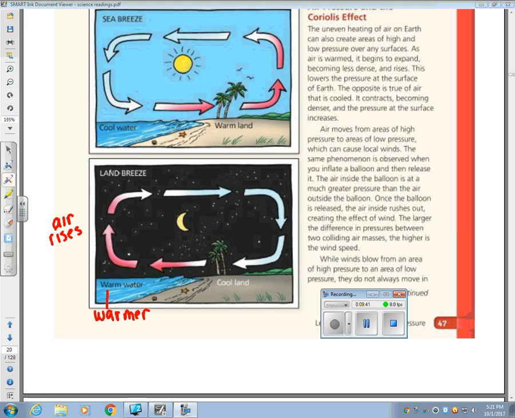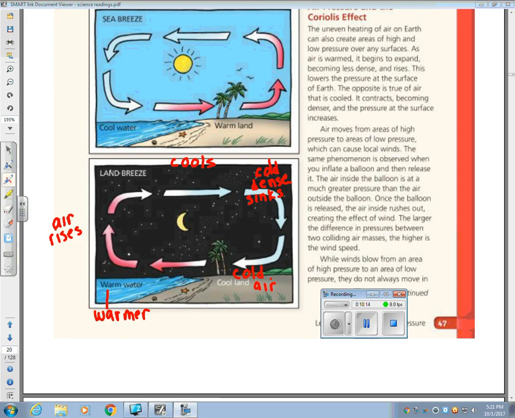It starts to cool, gets cold, dense, or heavy, and it falls, or sinks. Then you have the cold air that's over the land that replaces the warm air over the ocean.